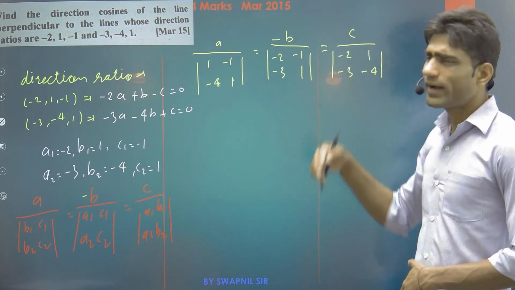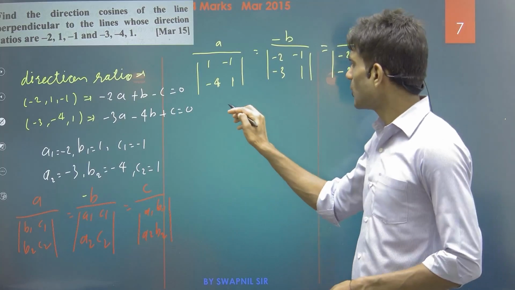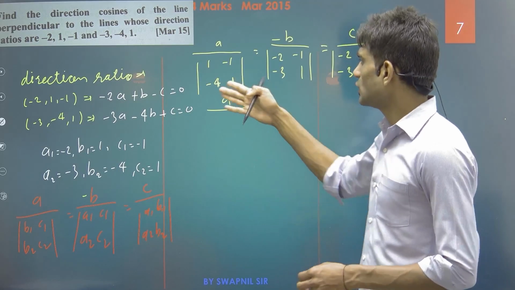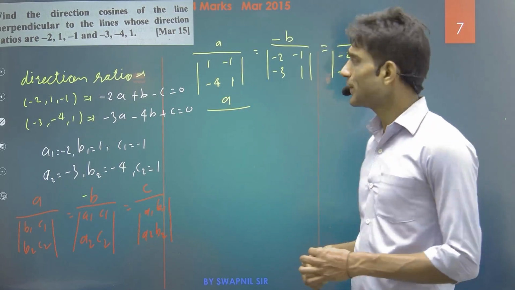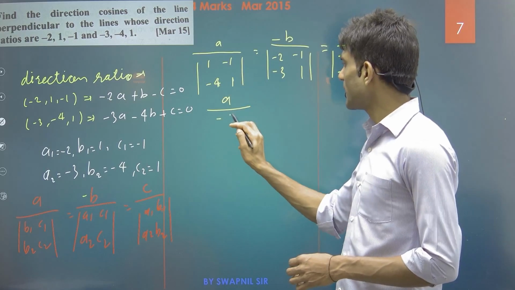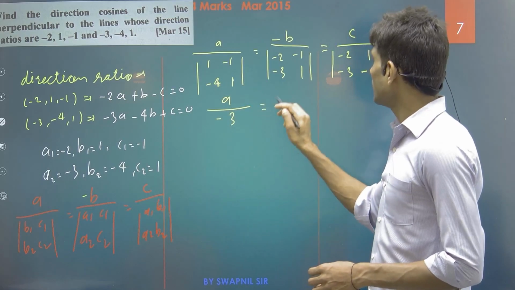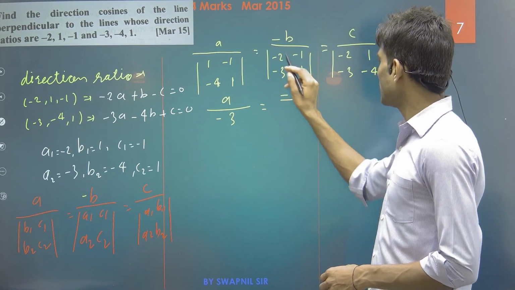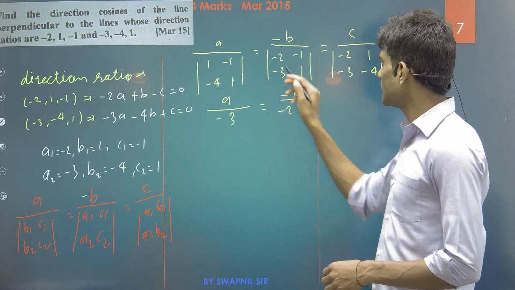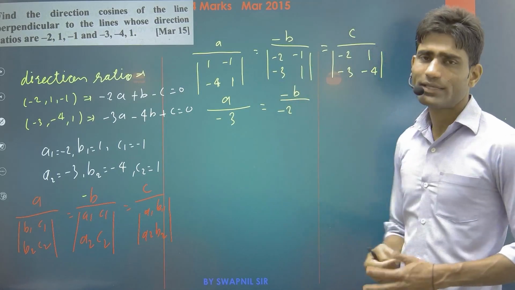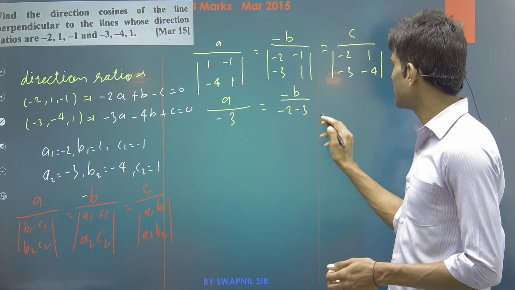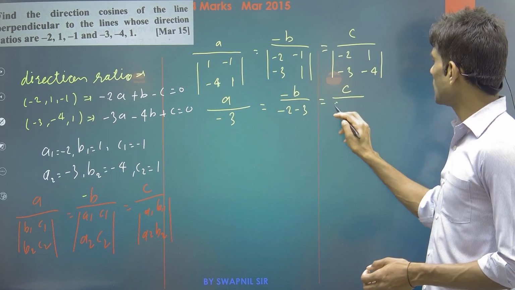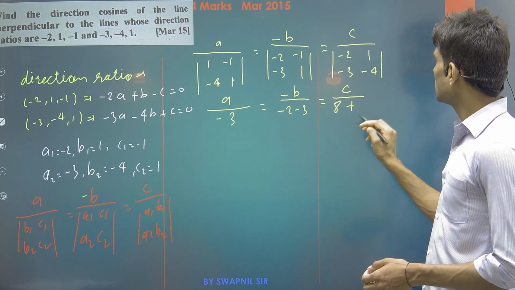Let's find the values directly. A upon the determinant: 1 minus of (-4 into -1), which goes to positive 4, so 1 minus 4 is -3. Then minus B upon the determinant: -2 stays as it is, and -1 into -3 is a positive 3, giving -5. And C upon -2 into -4, which is positive 8, and minus of -3, which is positive 3.